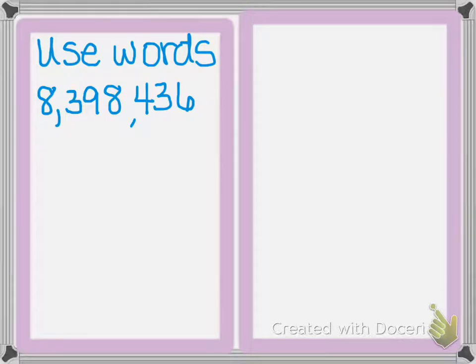Now, this time I want you to take a look at the number, and we're going to use words to write the value of this number. So how would we do that? Well, I've got a little bit of a shortcut, because when we have a number this large, we want to kind of write it in word form, but not so much.